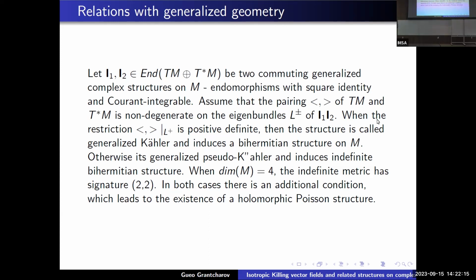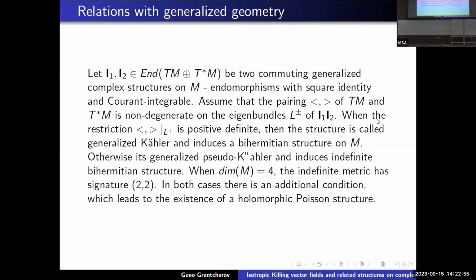Now, if you ask only for non-degenerate, not positive definite, what one gets as a result will be a generalized pseudo-Kähler structure, which means a complex structure with a metric which is indefinite. At some point we were looking at what happens in dimension 4, where generalized Kähler actually has a natural representation.